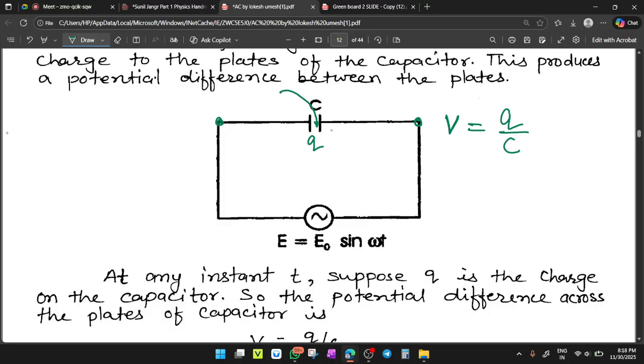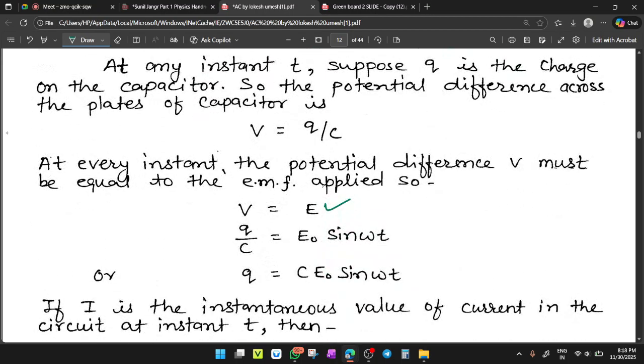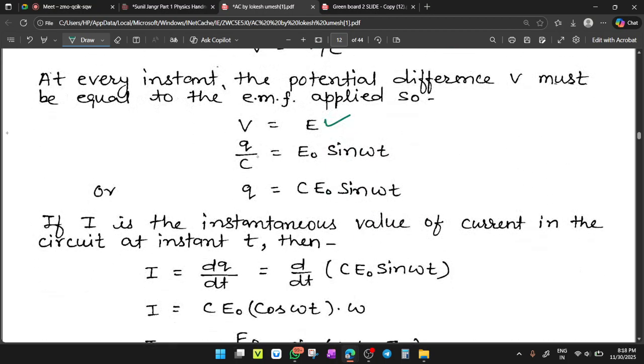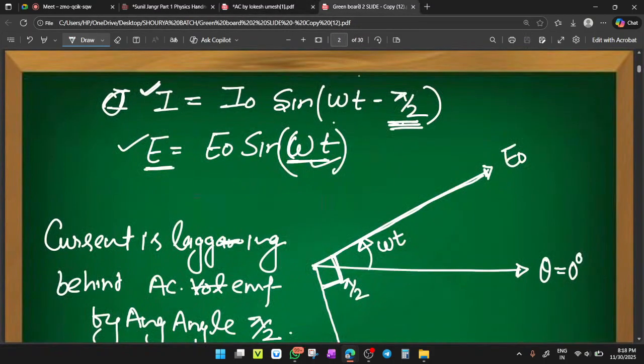So the voltage across the capacitor equals the applied EMF, so Q upon C equals E naught sin omega t. Clear?